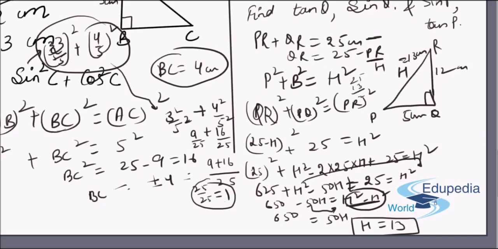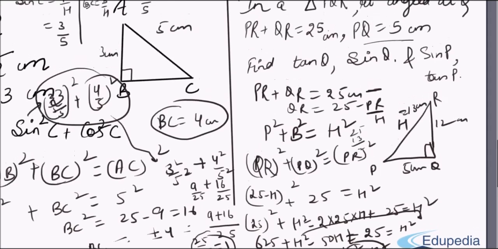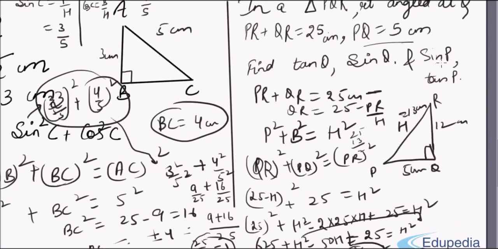Now if we have to find out sin P, it will be perpendicular over hypotenuse. Perpendicular is QR and hypotenuse is 13, so it will be 12 over 13.